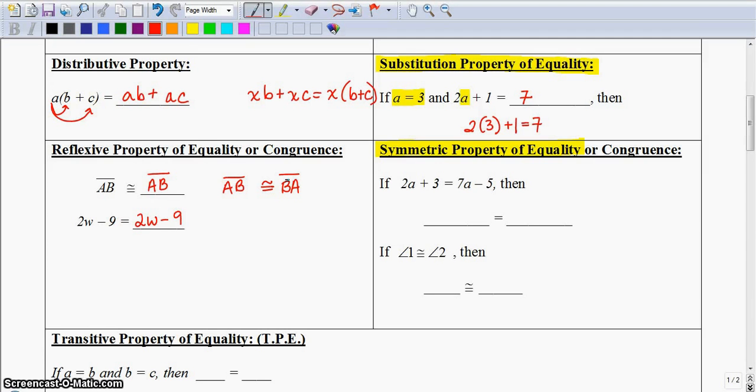So it's congruent to itself, which is sometimes confused with symmetric, which is about flipping the equation. So if 2a plus 3 equals 7a minus 5, then 7a minus 5 equals 2a plus 3. If angle 1 is congruent to angle 2, then we can also say that angle 2 is congruent to angle 1.